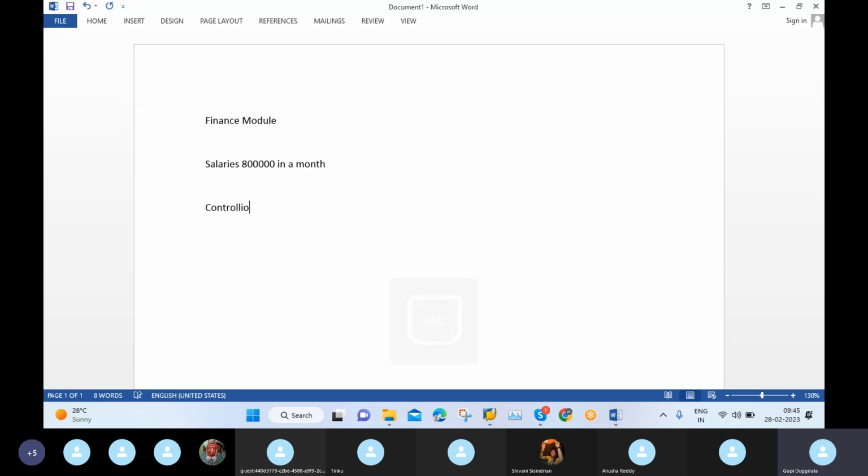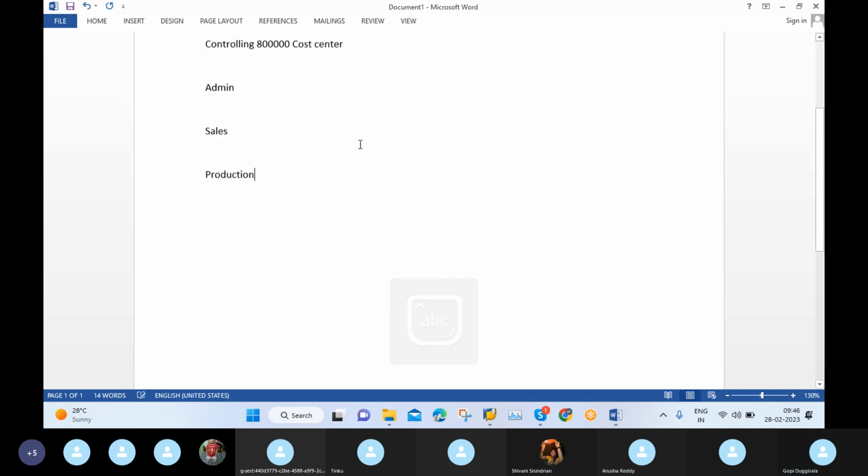For example, in the controlling module, this 8 lakhs will be treated as a cost center. Am I right? 8 lakhs is my cost center. And these 8 lakh salaries belong to my complete organization's salaries. Am I correct or not? In my organization, we have departments like admin, sales, production, and at the same time IT.